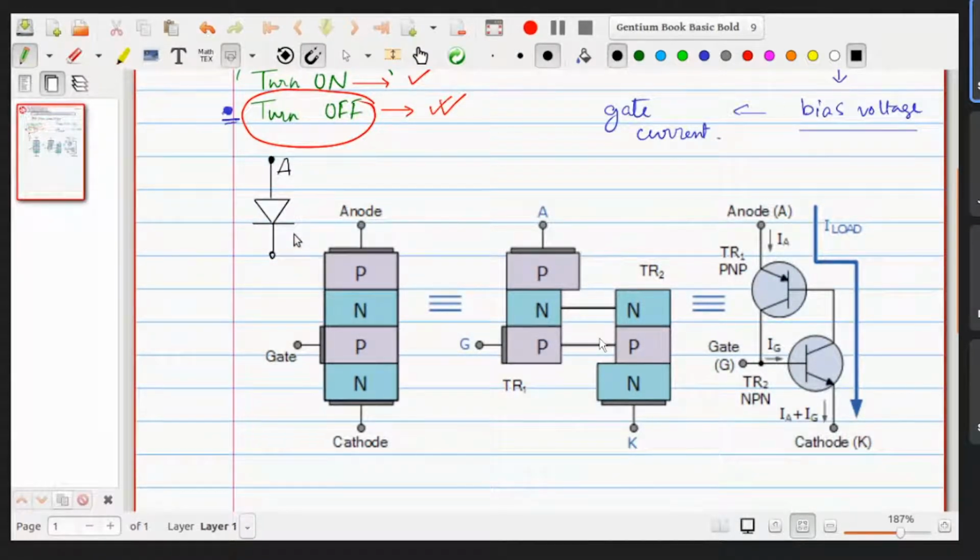Over here, if this is the anode and this is the cathode, then we have a terminal which is referred to as the gate.